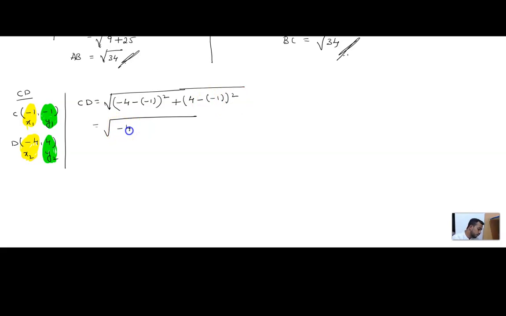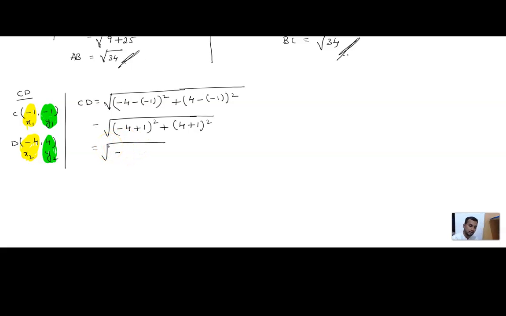Then minus 4 minus into minus, that is plus 1 whole square, plus 4 minus into minus plus 1 whole square, that is equal to root of minus 4 plus 1. In 1 can we subtract 4? No. No means minus.